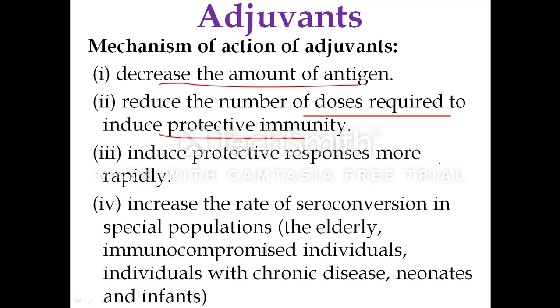It also increases the rate of seroconversion in special populations like immunocompromised individuals, individuals with chronic diseases, neonates and infants. In these conditions, it increases the antigenicity of the given antigen. So that is the mechanism of action done by adjuvants.